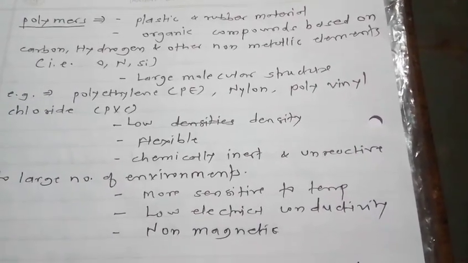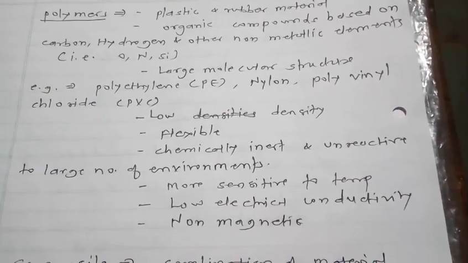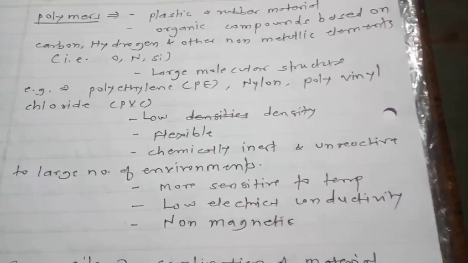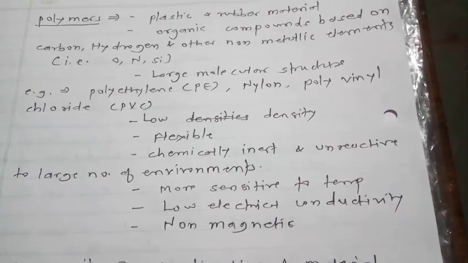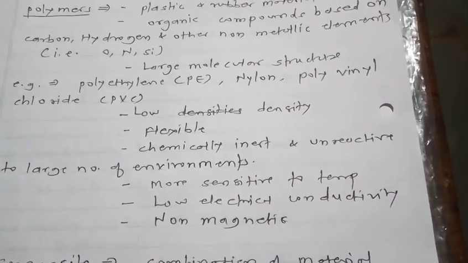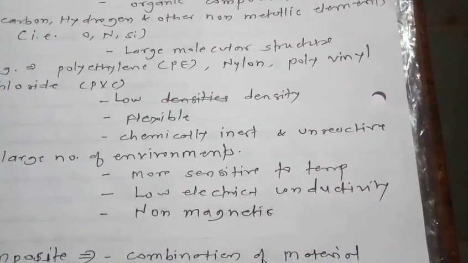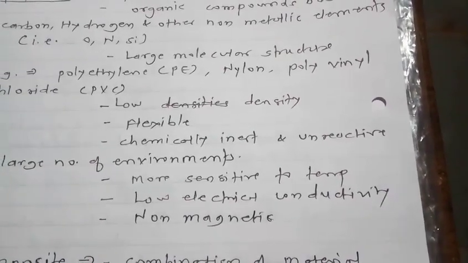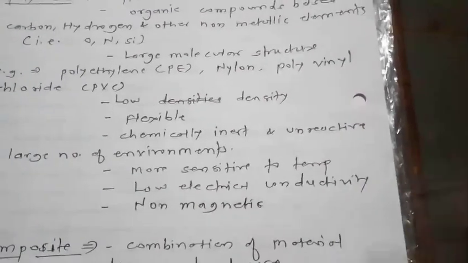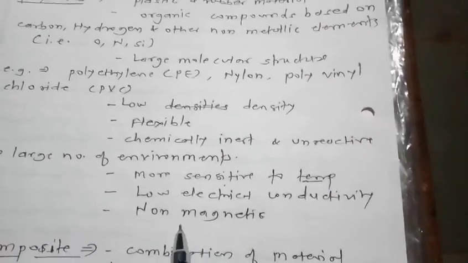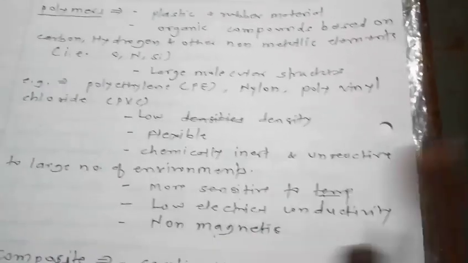Then chemically inert and unreactive in a large number of environments. Then more sensitive to temperature, meaning a small change in temperature will create deformation in polymers. Then low electrical conductivity and non-magnetic property, right?